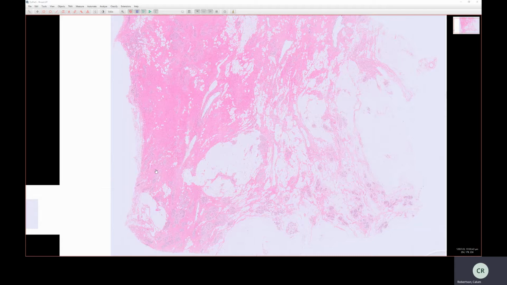But what we can see at low power here is lots of pink stuff. That's the dense collagenous connective tissue, which macroscopically, when you're dealing with a specimen, would be cream-colored, firm, rubbery material. And also this white stuff, and this is adipose tissue.